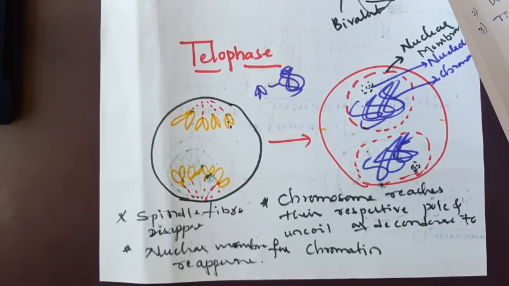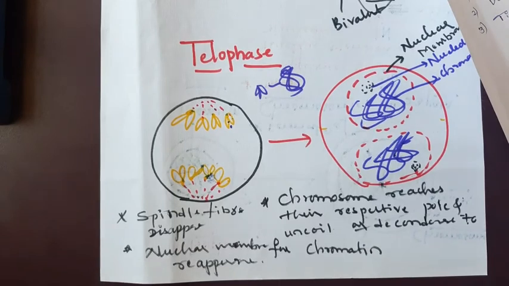In the prophase there is disappearance of the nuclear membrane and the nucleolus. In metaphase there is formation of chromosomes, alignment of chromosomes on the equatorial plane and complete formation of spindle fibers.